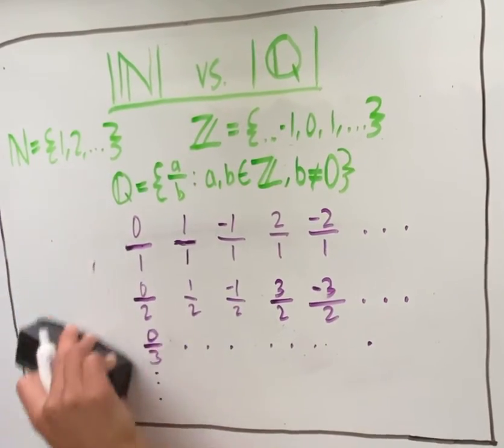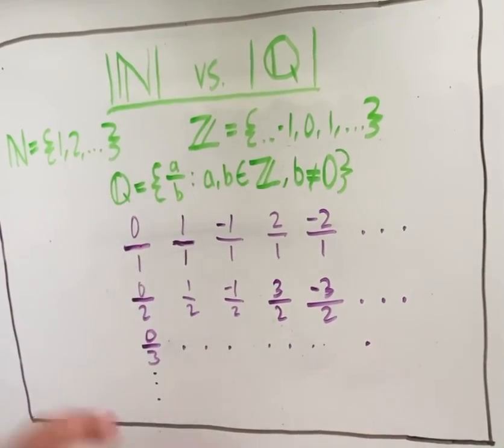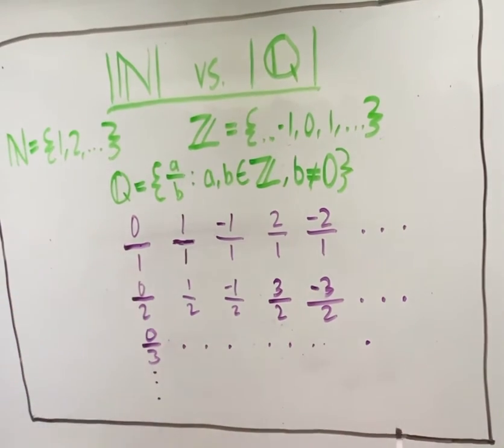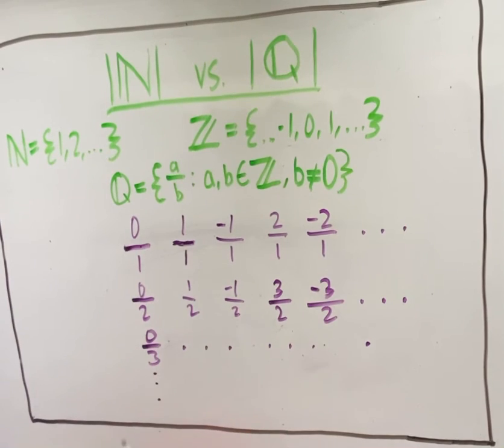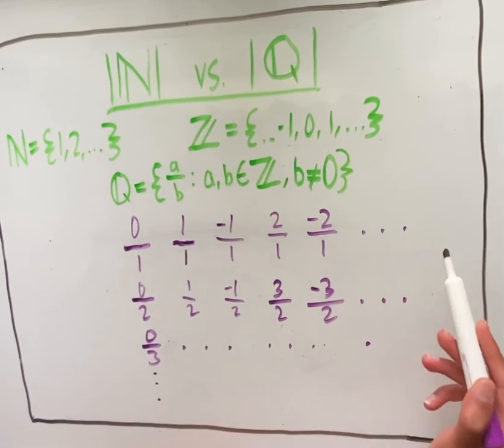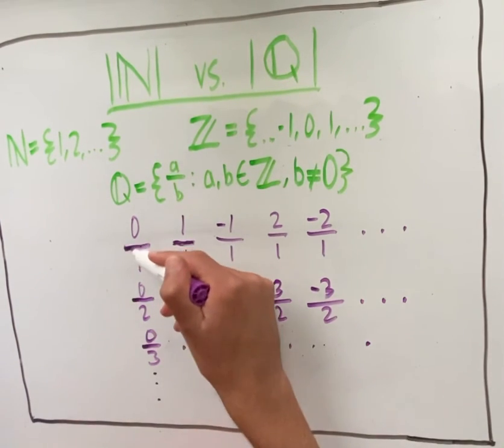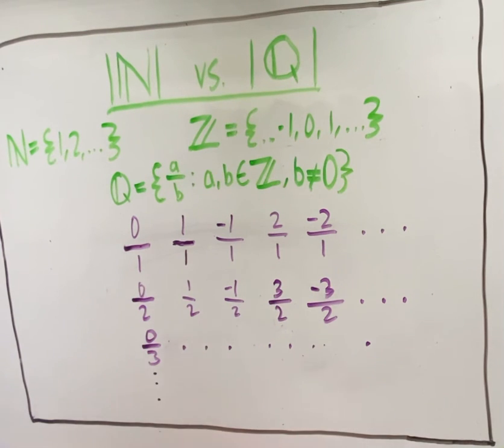So now we've arranged this table where there's a top left corner, and it extends infinitely out to the right and infinitely downwards, where the numerators get larger or more negative as you move to the right, and the denominators get larger as you move down. So now the goal of this systematic ordering was to find a way to think of a first rational, a second rational, and continue to count upwards while accounting for every possible rational number.